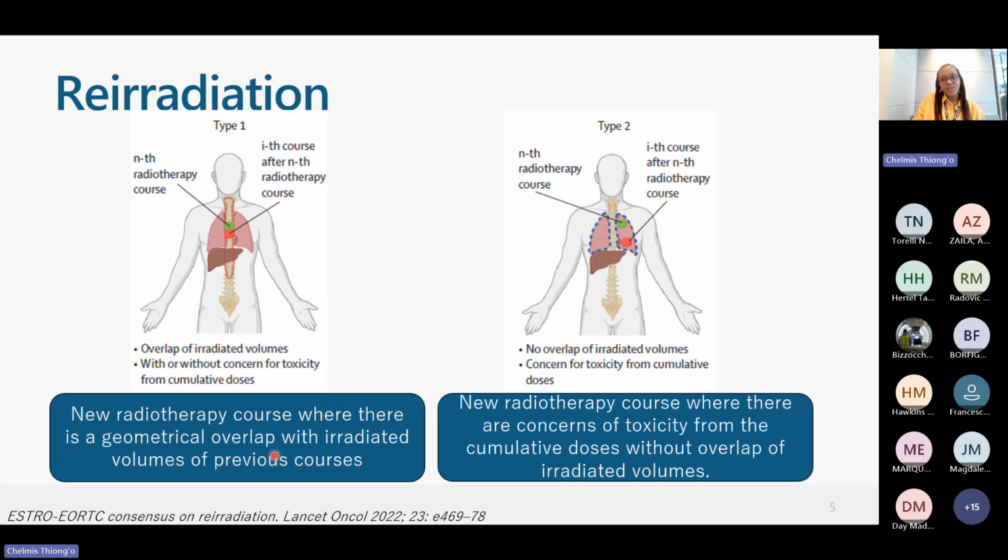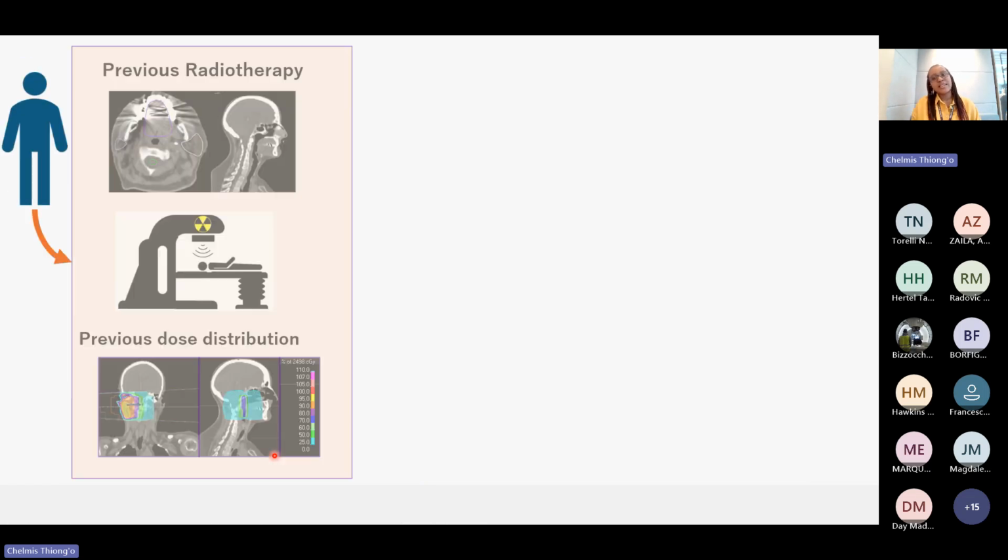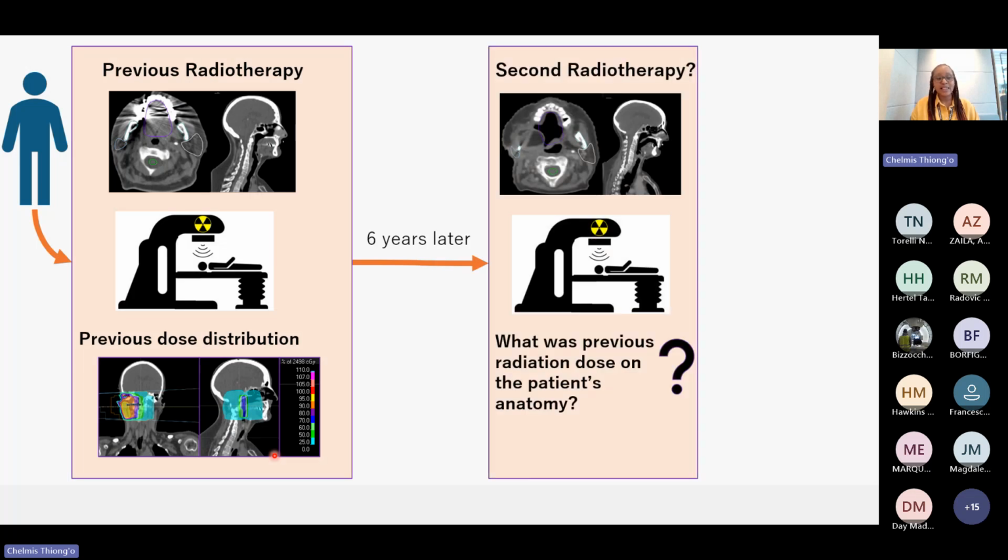There are challenges though. One of the challenges is the need to know very precisely how much dose was given to estimate how much more dose we can give to avoid severe side effects.